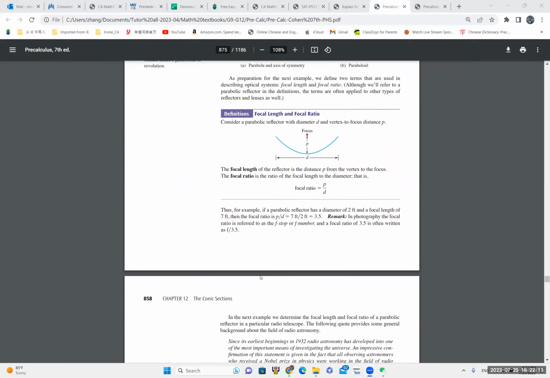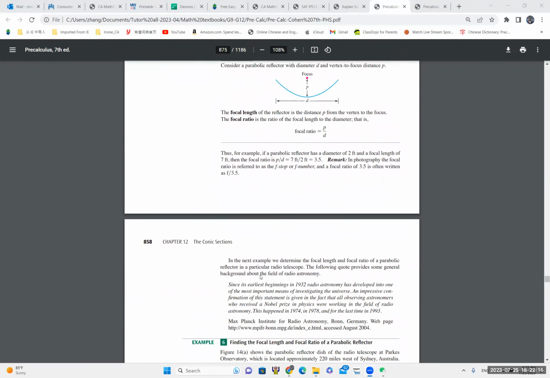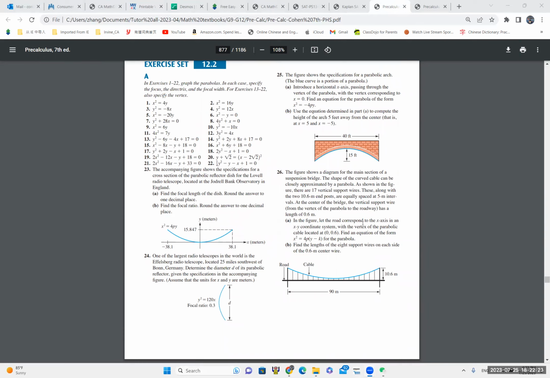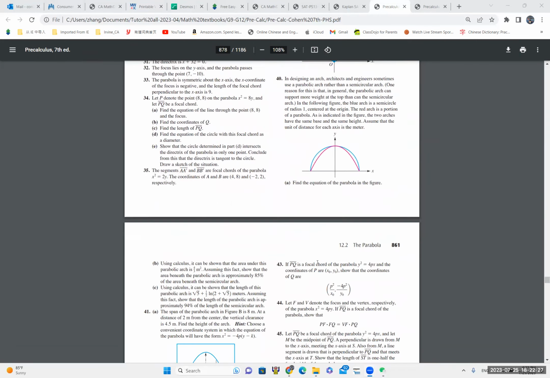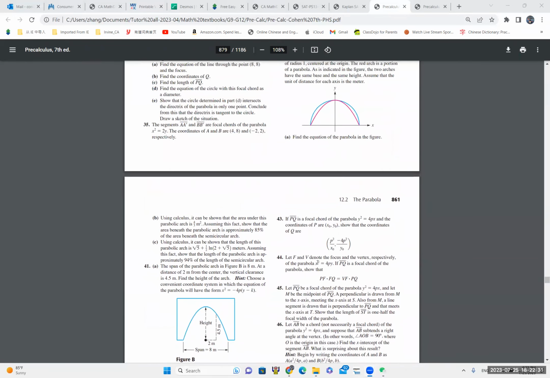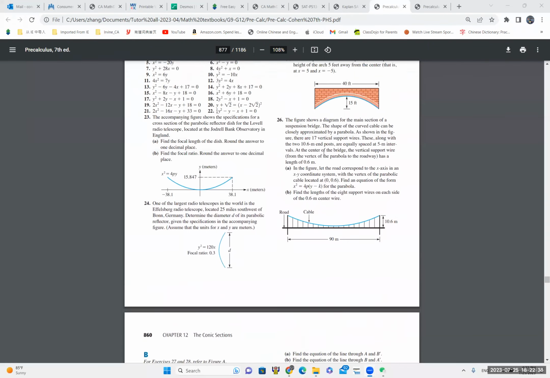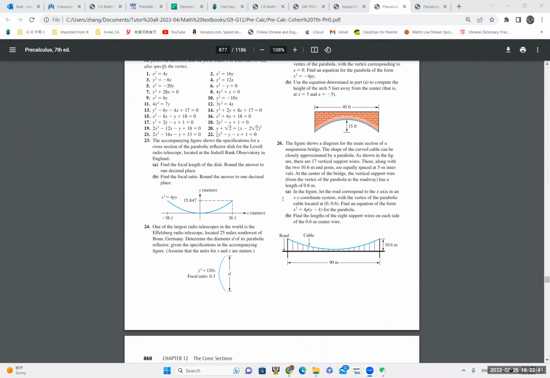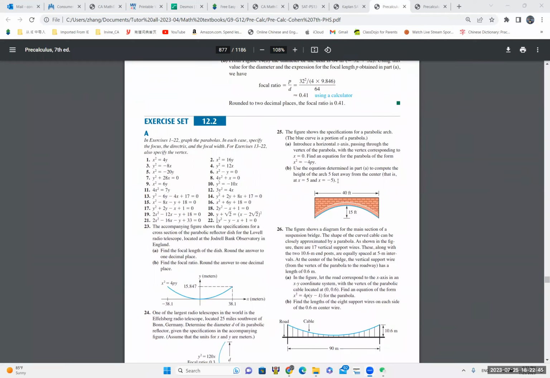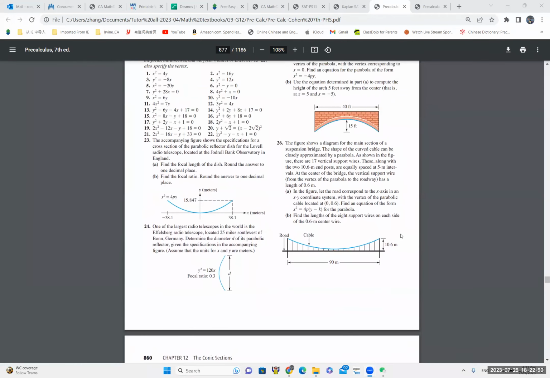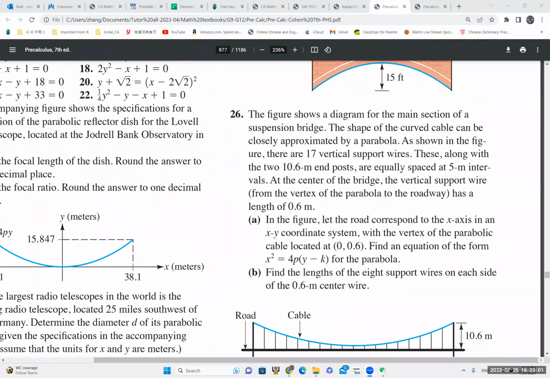Definition, focus, and directrix. Let's forget this. Okay, for this, let's find one. Figure 8. How about let's do this, 25.